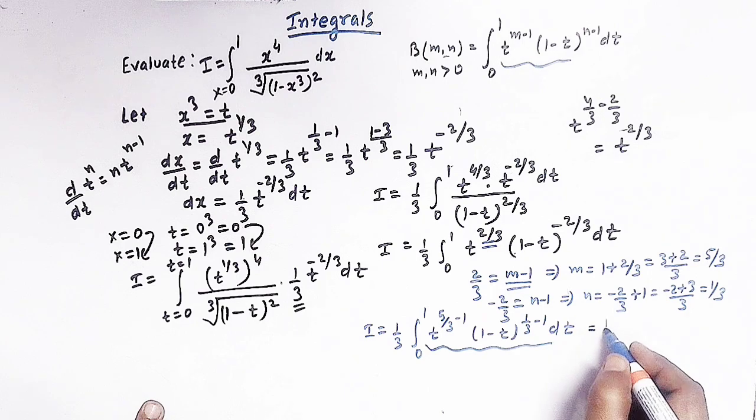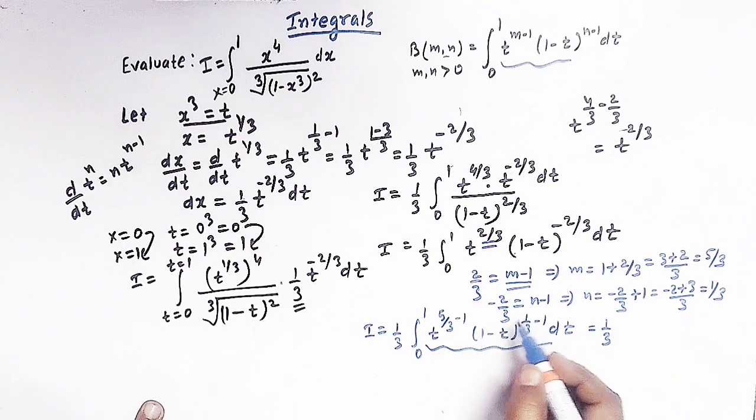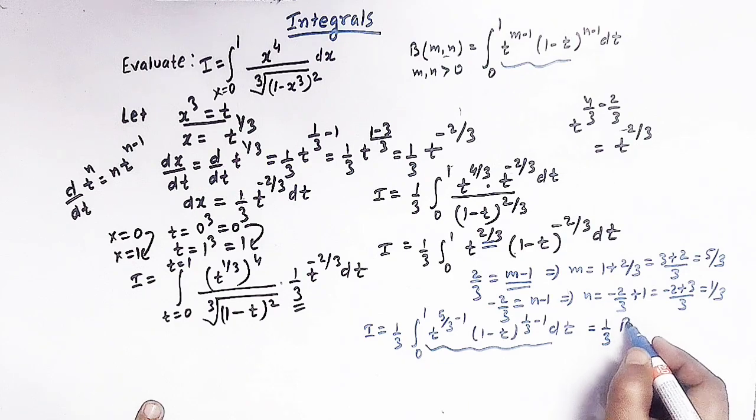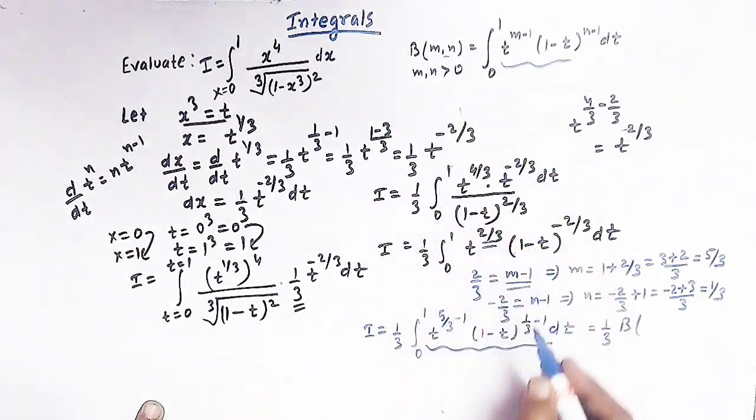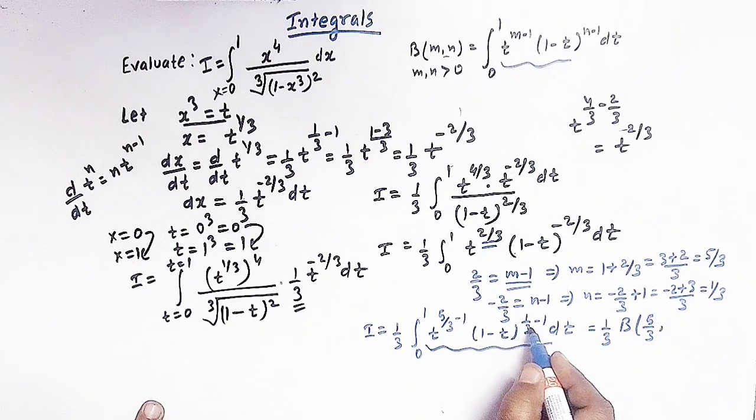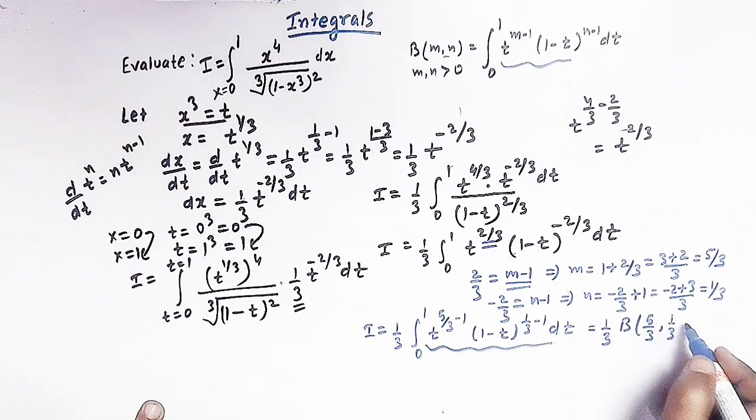So now we can write 1 over 3, and this integral is equal to the beta function, that is beta m comma n. So here m is 5 over 3, and n is 1 over 3.